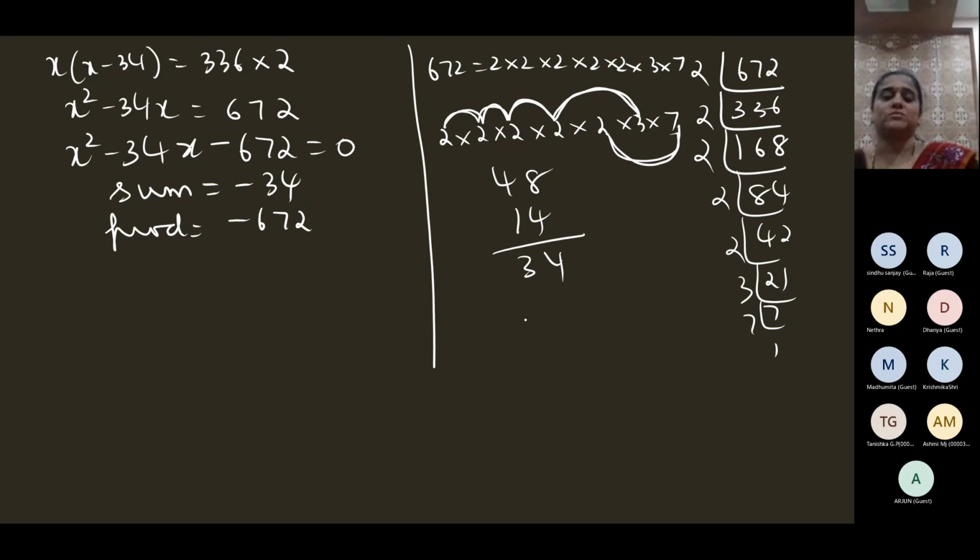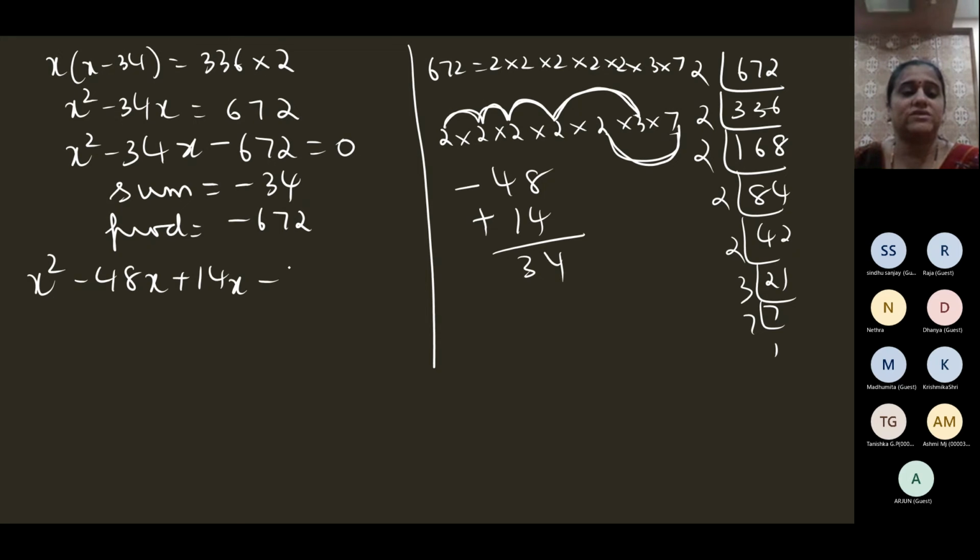This gives you 34. And the signs. So x square minus 48x plus 14x minus 672 is equal to 0. So x into x minus 48.